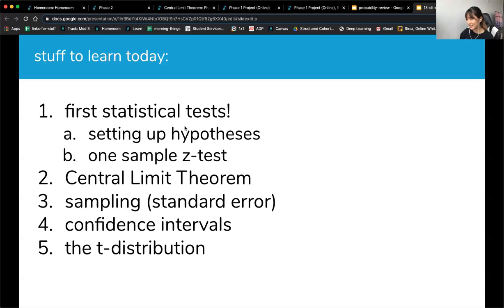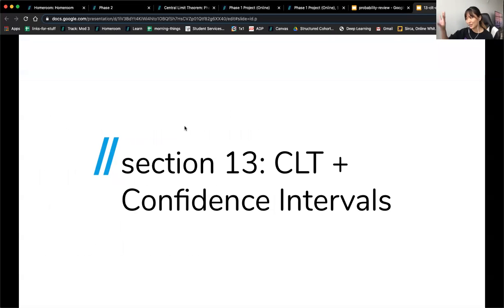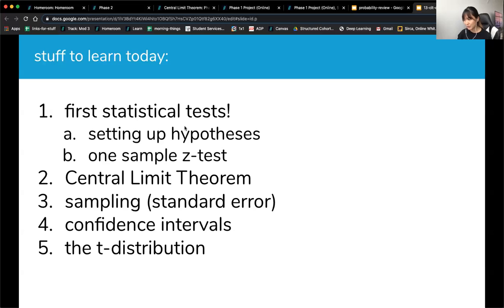Although this section is called confidence intervals, I will say in our data science curriculum, we don't use confidence intervals the same way as traditional statistics does. In our context, we will see confidence intervals as we're doing our linear regression, and so the interpretation for that is slightly different.